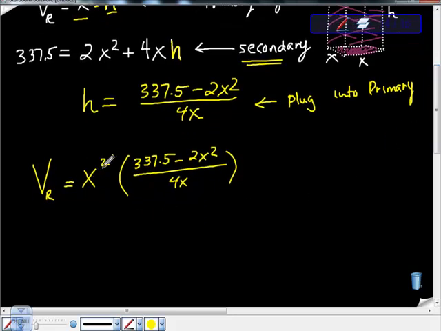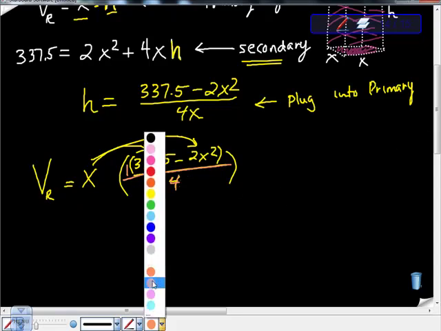We have x squared here, and we have x to the first here. So x squared cancels, right? Then I'm going to distribute this x into here and here, and then factor out this 1/4.